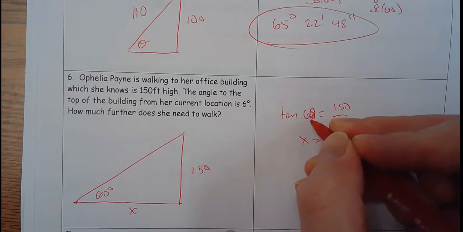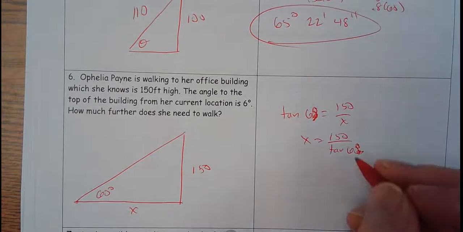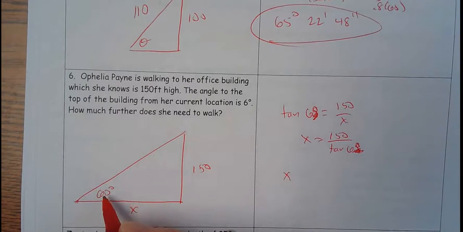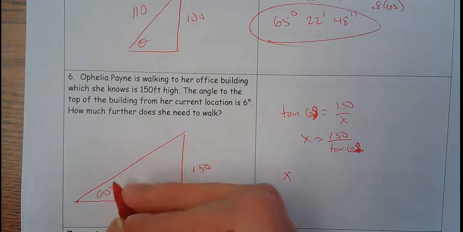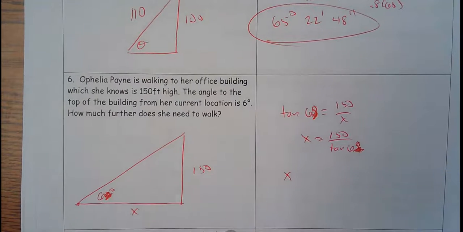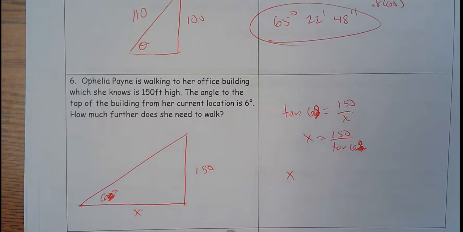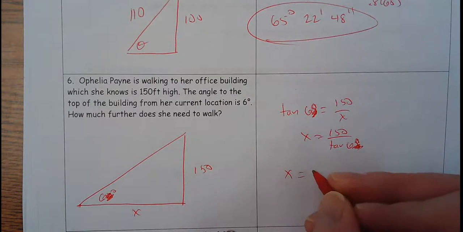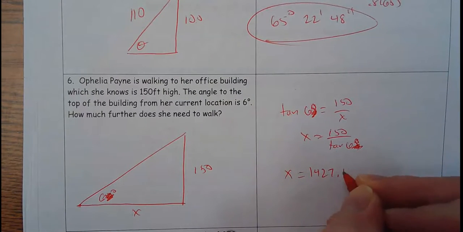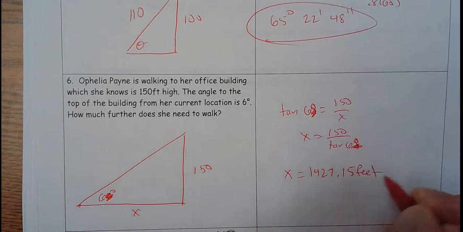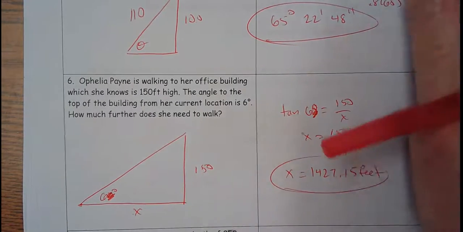And we need to be pretty far away because it's a very low angle of elevation. So she must be really far away that she's only looking up 6 degrees off in the distance. And so this should be a big number. And when I put in the calculator, 1427.15. It doesn't say to round, so I'll just leave it as a decimal, in feet.